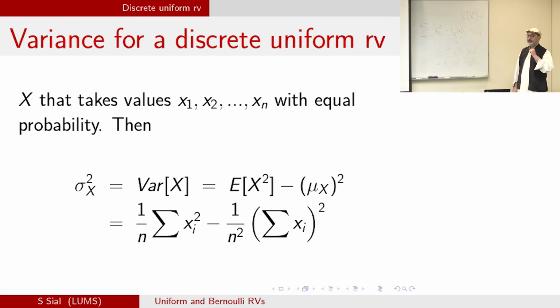Rolling two dice and saying that x is the value of the sum of the two rolls, that is not uniform because the probability of a 2, for example, is not the same as the probability of a 7. But it's a random variable. It's just not a uniform random variable.